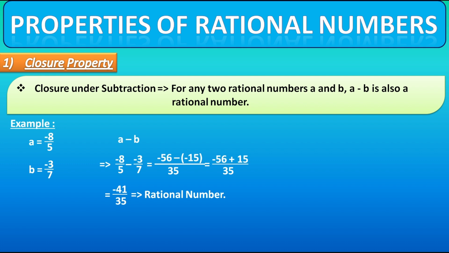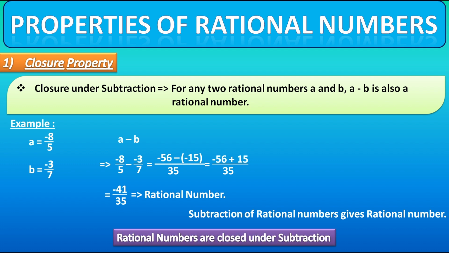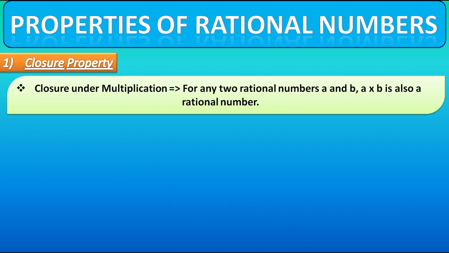That's why we can say that subtraction of rational numbers gives us a rational number only. Therefore rational numbers are closed under subtraction. Now let's check this property for multiplication. Closure under multiplication. For any two rational numbers a and b, a into b is also a rational number. Let's check it with the help of an example.